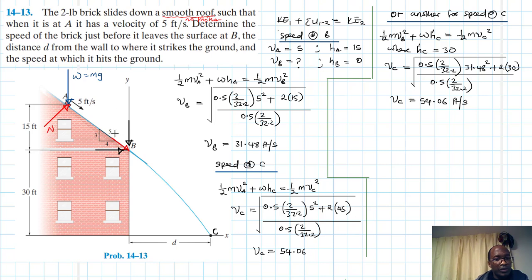So this is our VB, therefore our VB here is 3 divided by 5, and our VB here is 4 divided by 5.